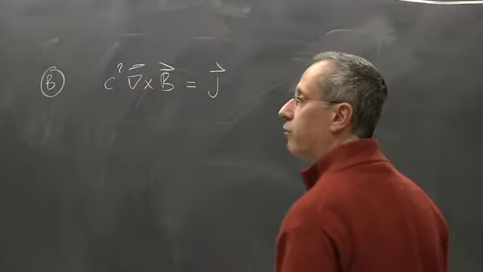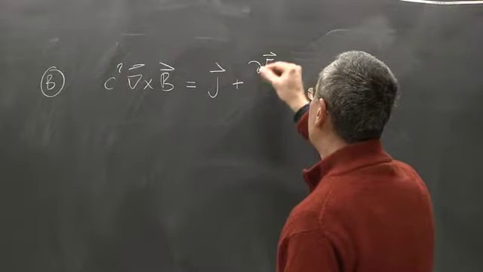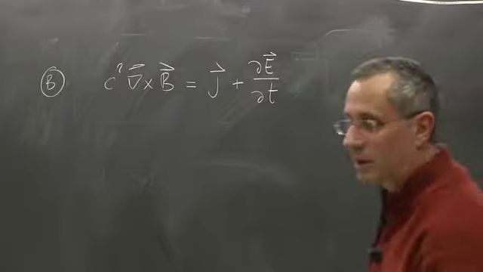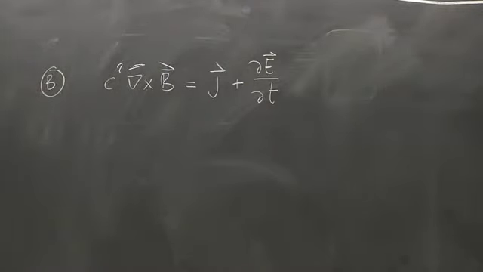But this is not the full equation. As you know, there is an extra term that we already sort of studied in one of the exercises, but it's so important that I want to do it together one more time. So this is the full equation.